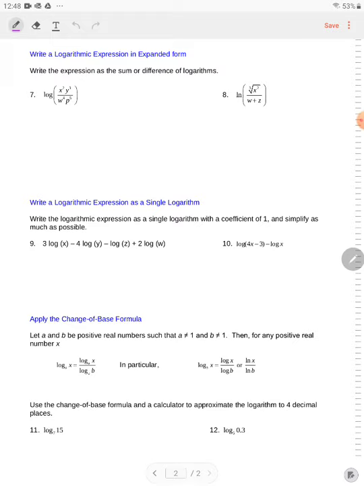Okay, so now we're going to make it a little more difficult. Write the expression as a sum and or difference of logs, and then we're going to go the other way, if you notice 9 and 10.